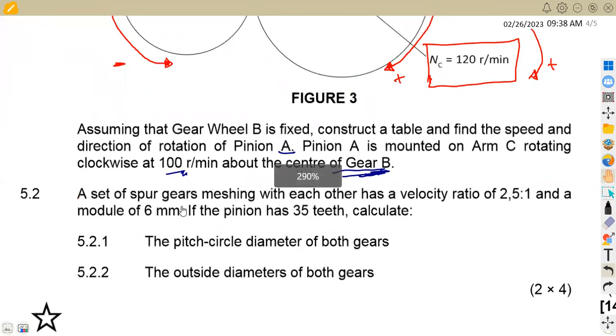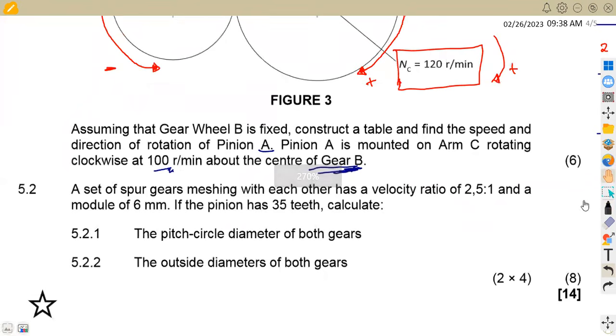Let's just finish everything that we have on question 5 on gear drives. 5.2, a set of spur gears meshing with teeth. If you are referring to a spur gear, guys, that's the simplest type of gear that we have.